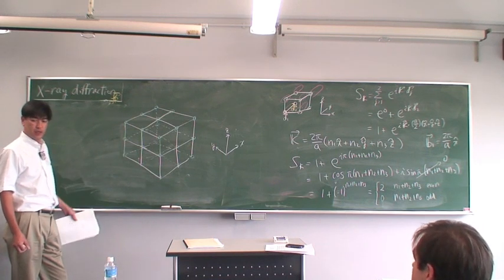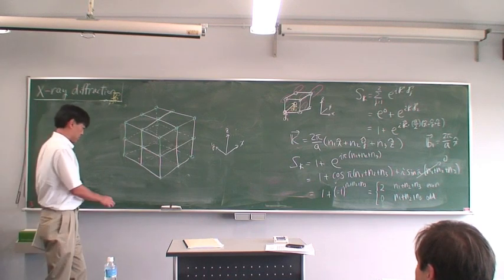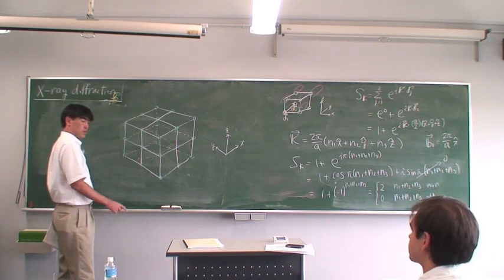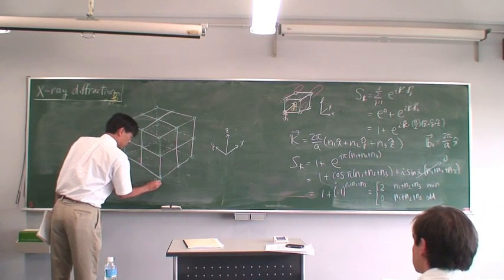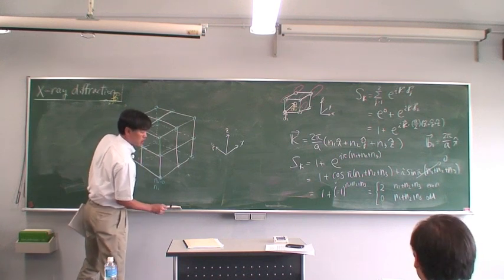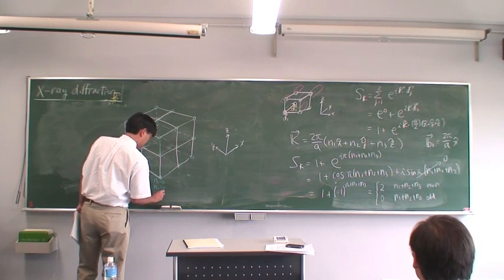And this is a reciprocal lattice point. Here is a reciprocal lattice point where n1 is 0, n2 is 0, n3 is 0.